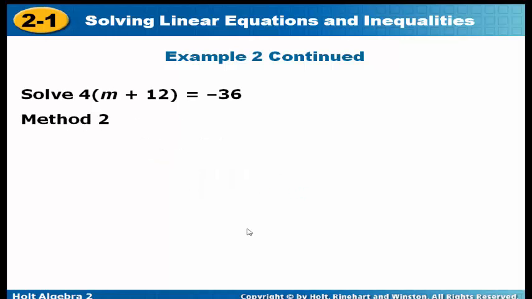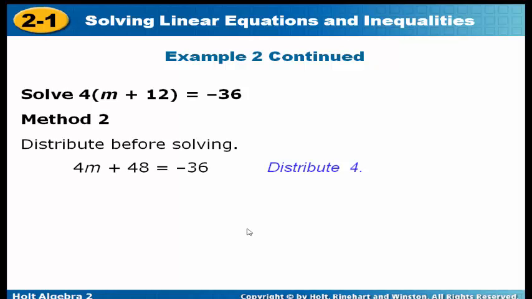Solve 4 times (m plus 12) equals negative 36, but by another method. Distribute before solving. So we can distribute 4 on the bracket: 4 times m and 4 times 12. 4 times m equals 4m and 4 times 12 equals 48, equals negative 36. Now subtract 48 from both sides.